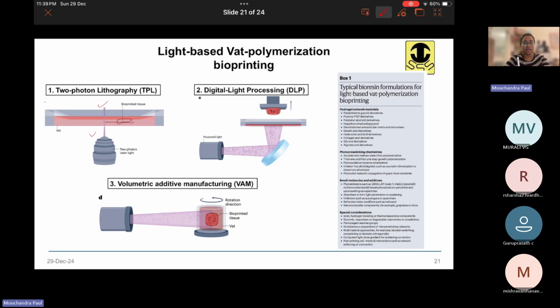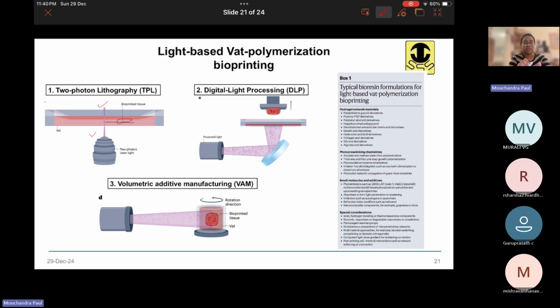They meet at a single point, and this point translates in XYZ direction within the vat. And wherever this point goes, the material gets cross-linked.